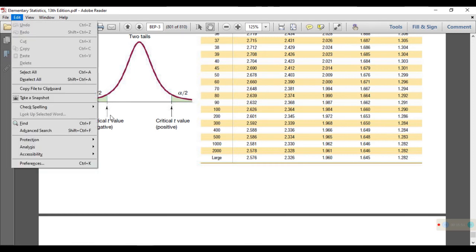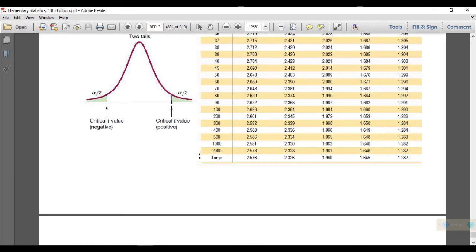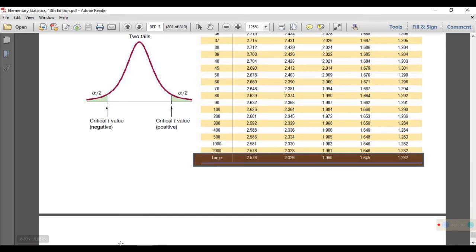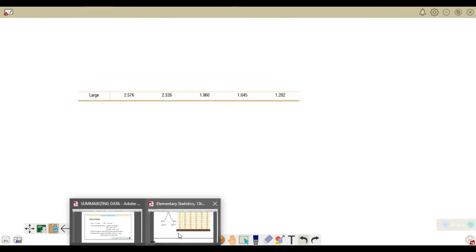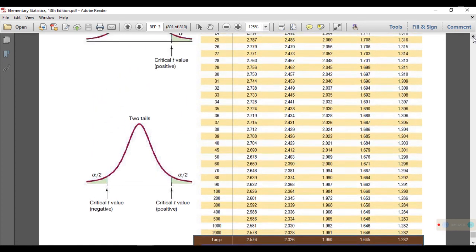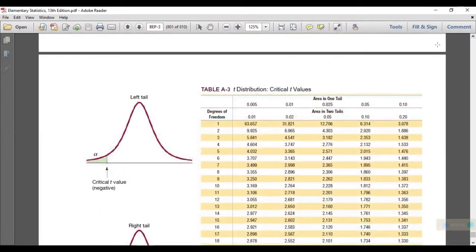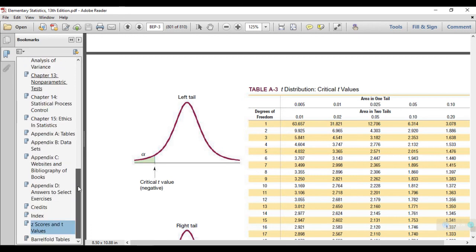So what I'm going to do is to copy this to our view board. This is going to be our chart. By the way, you can find this table dun sa book na sinend ko sa inyo, Elementary Statistics, 13th edition. Nandito siya sa appendices, mga tables na, Z-scores and T-table. Okay?